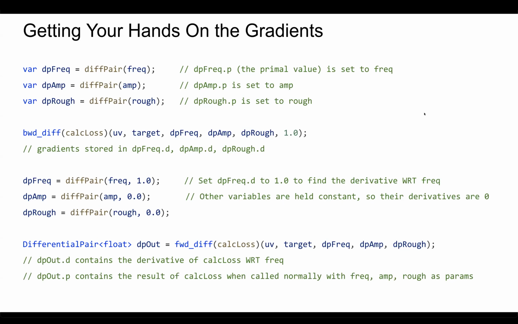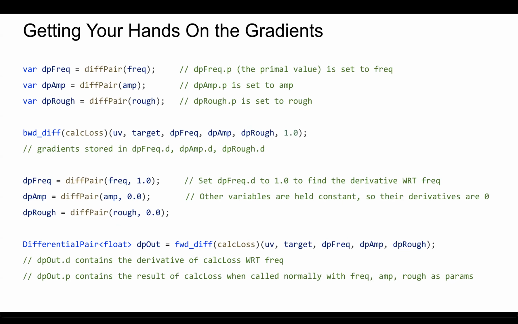For every differentiable input to your function, like frequency, amplitude, and roughness here, you're going to wrap the original value in a special differential pair type. Now, this type holds two parts: the original value, which is called the primal, or P, and a new location to store the computed gradient, which is the differential, which we've named D.